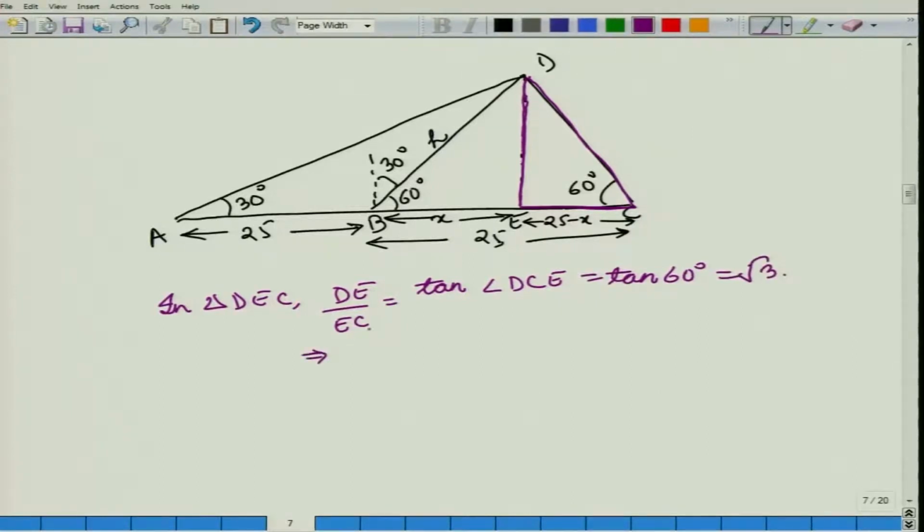So, now we can figure out that EC is equal to DE upon root 3. Now, let us calculate for another triangle. Let us consider triangle BDE.